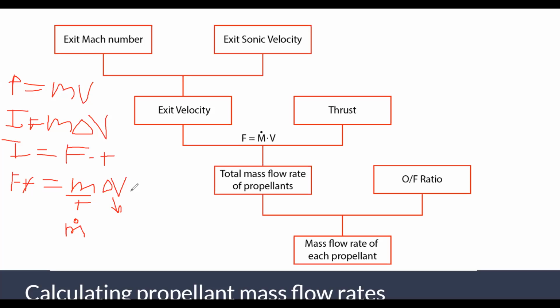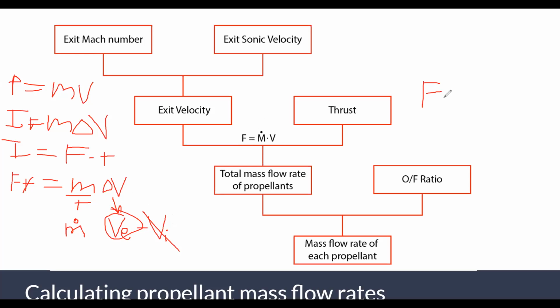So we start with our propellants in the propellant tank, right? So they're at a velocity of 0. And the final velocity is your nozzle exit velocity. So for this, you have velocity at nozzle exit minus velocity initial, which is 0. So this just becomes exit velocity.